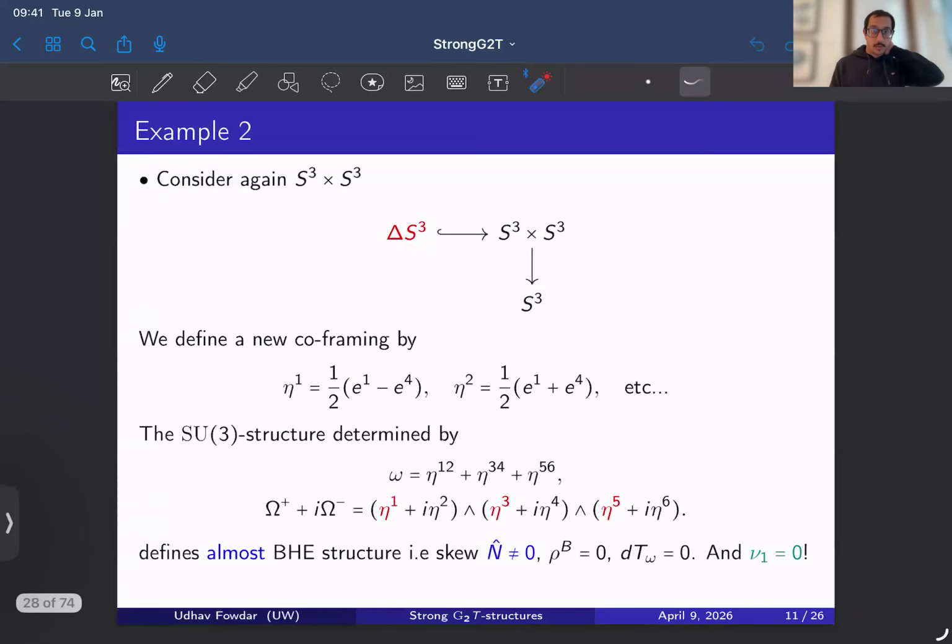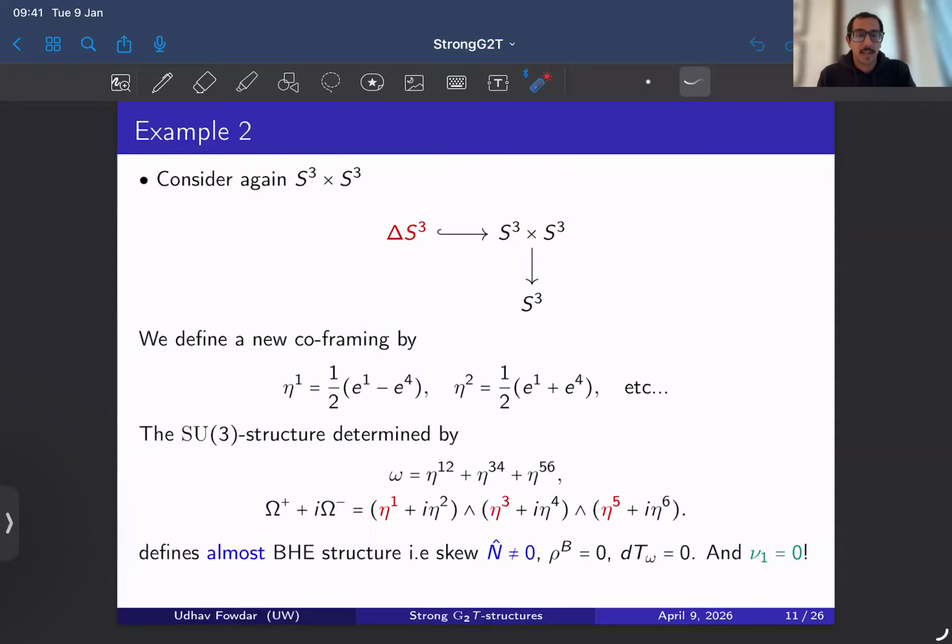More precisely, I will define a new left invariant coframing on S3 cross S3 by mixing the left invariant one forms. Remember, e1, e2, e3 was defined on the first factor, and e4, e5, e6 on the second factor. I'm going to define a new coframing by mixing both of these one forms together, and I will define a new SU3 structure on S3 cross S3 by this new formula here.